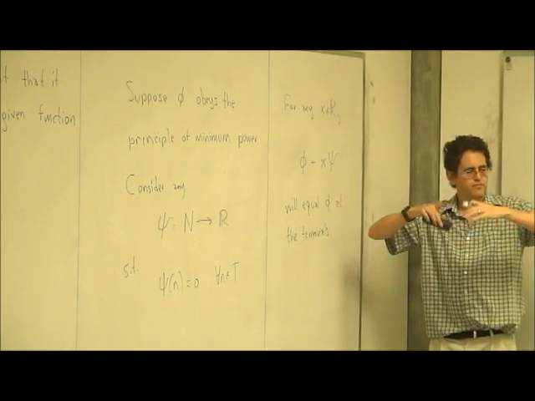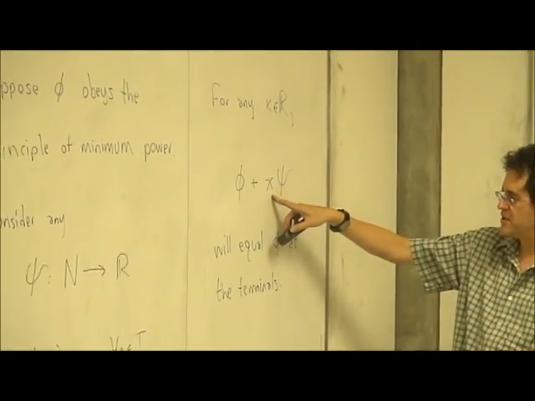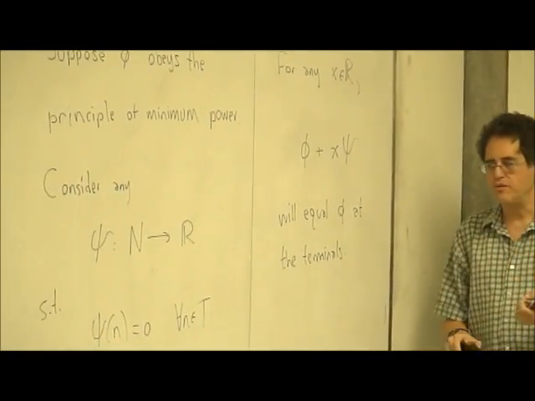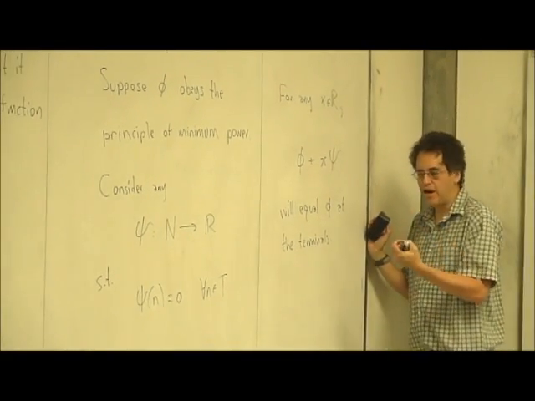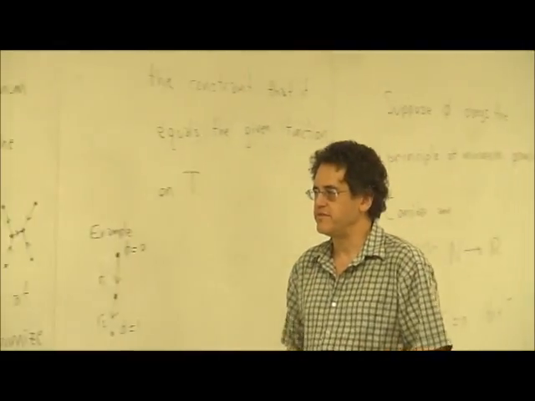So we've got all these different possible choices of phi depending on this parameter x. And we want to see what happens when power is minimized at the phi we started with. So we use the first derivative test.